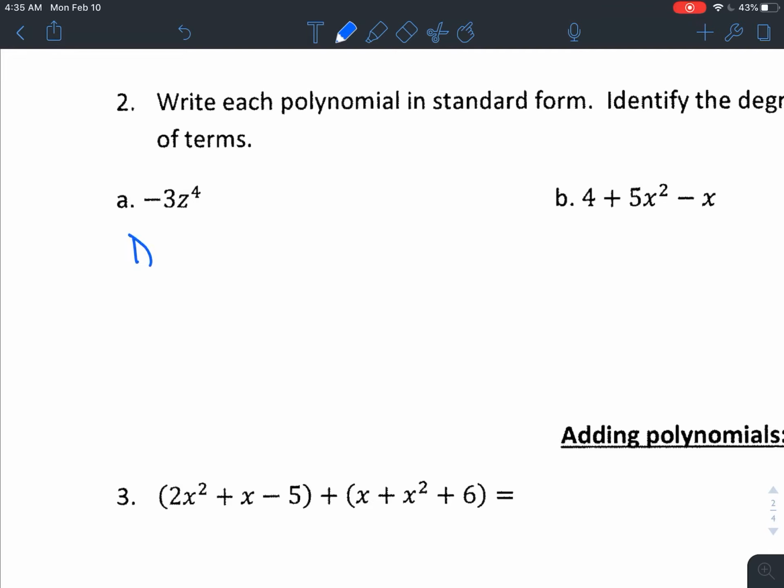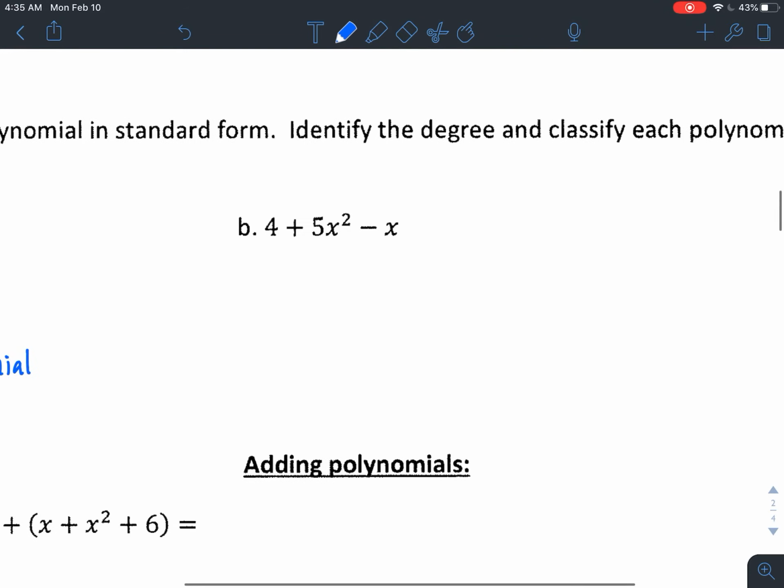Its degree, in this case, is positive 4. That's the highest exponent on a variable. And then classifying it, like I had said already, this is a monomial. Ooh, I can spell this morning. Monomial. Because there's, again, just a single term.